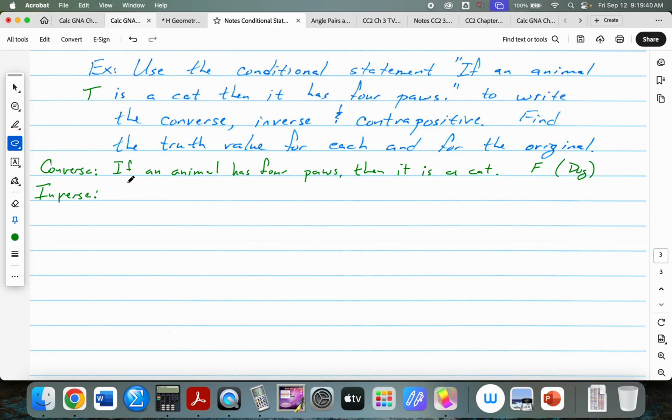All right, the inverse. For the inverse, we're going to negate both parts. So if an animal is not a cat, then it does not have 4 paws.